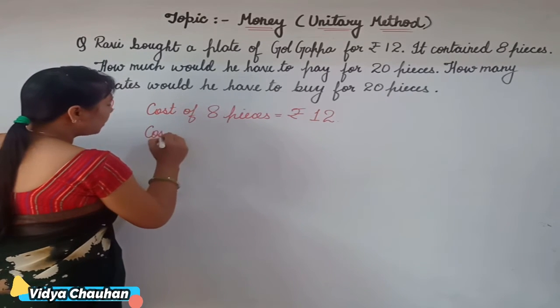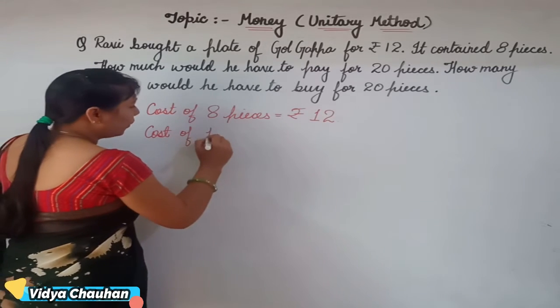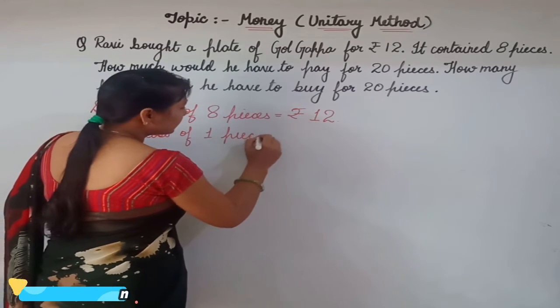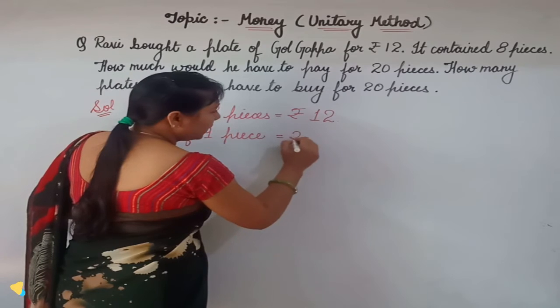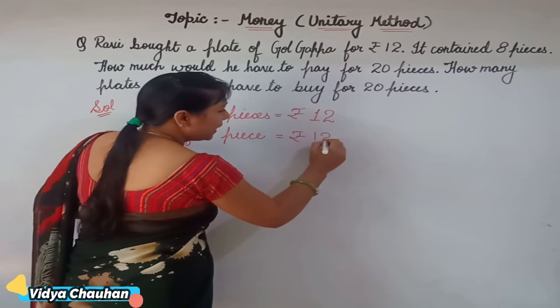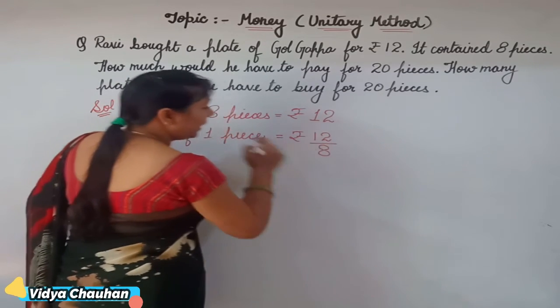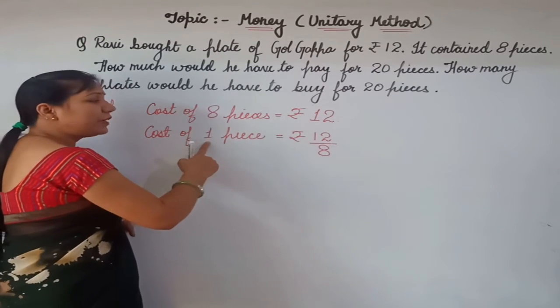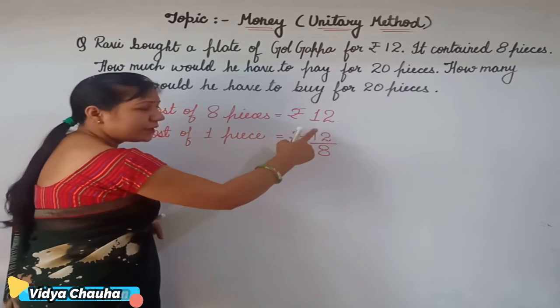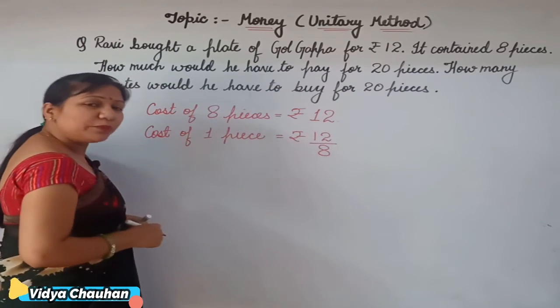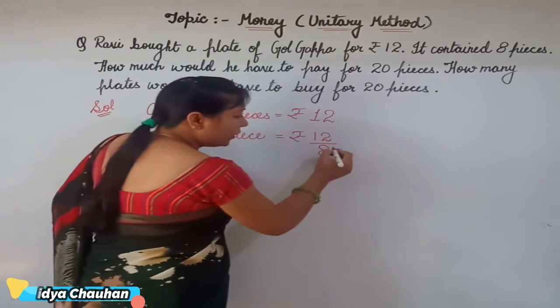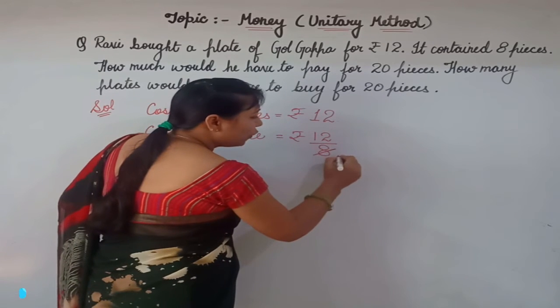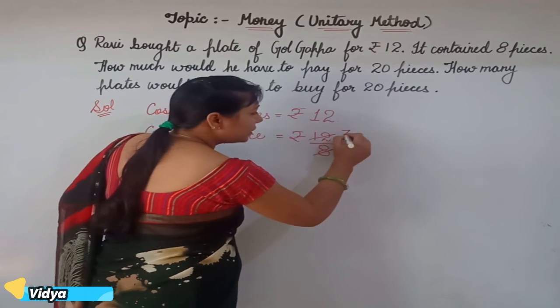That means 1 piece of Golgappa. So the cost of 1 piece is equal to rupees 12 divided by 8, because 8 pieces cost rupees 12. Now if you simplify here, 4 2s are 4 3s are.